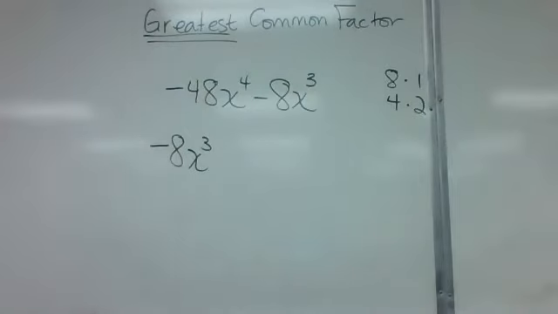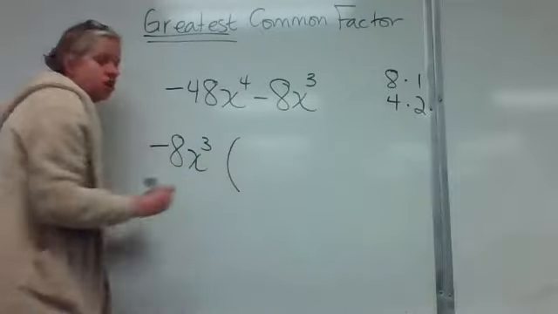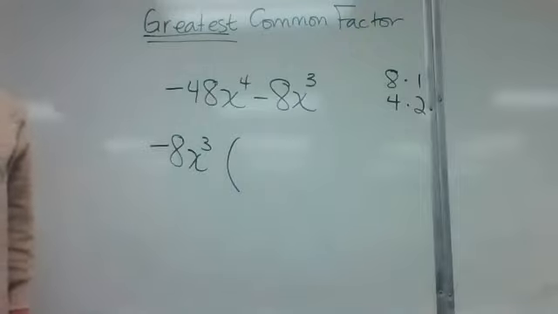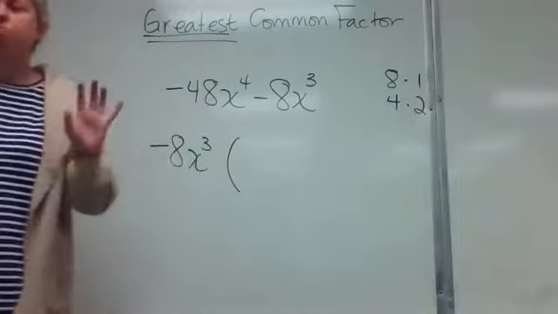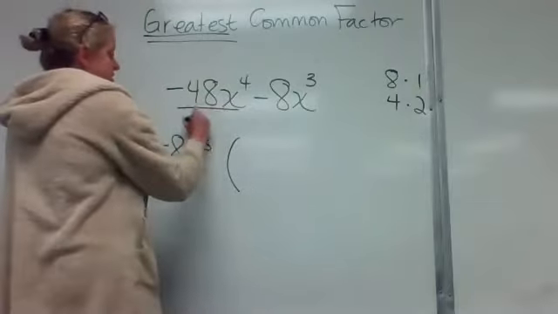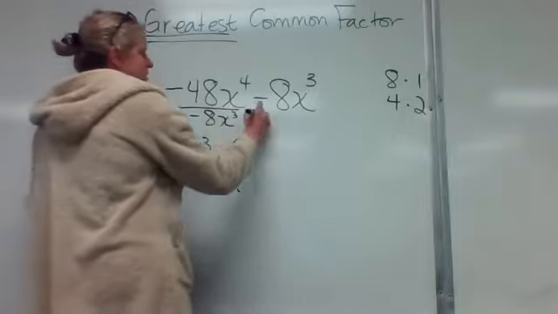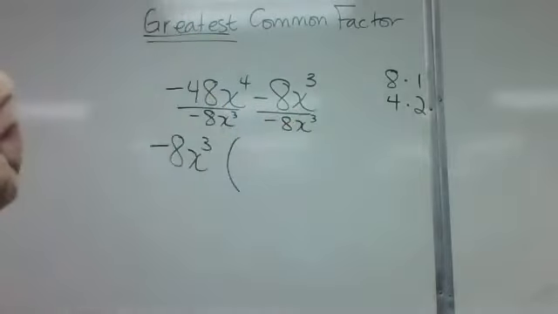So here's my greatest common factor. I'm going to put in parentheses what is left. Again, especially when you start getting to ones like this, it's very important that you put whatever your greatest common factor is, negative 8x to the third, underneath there to divide it so you can see that.